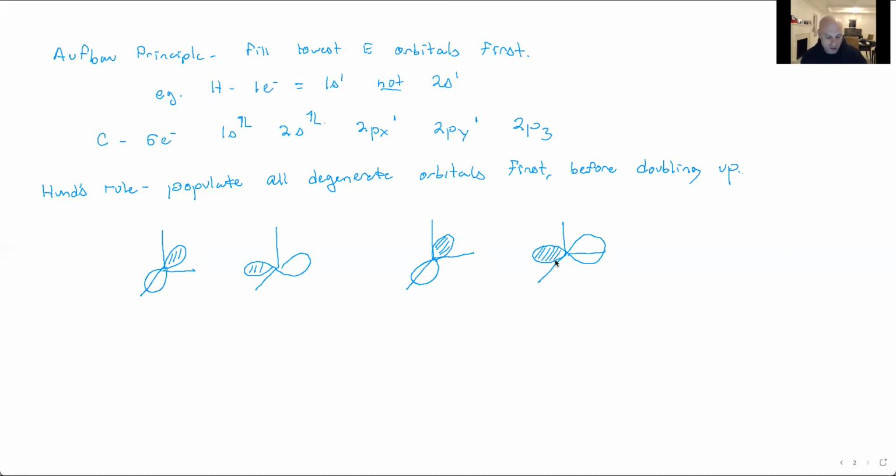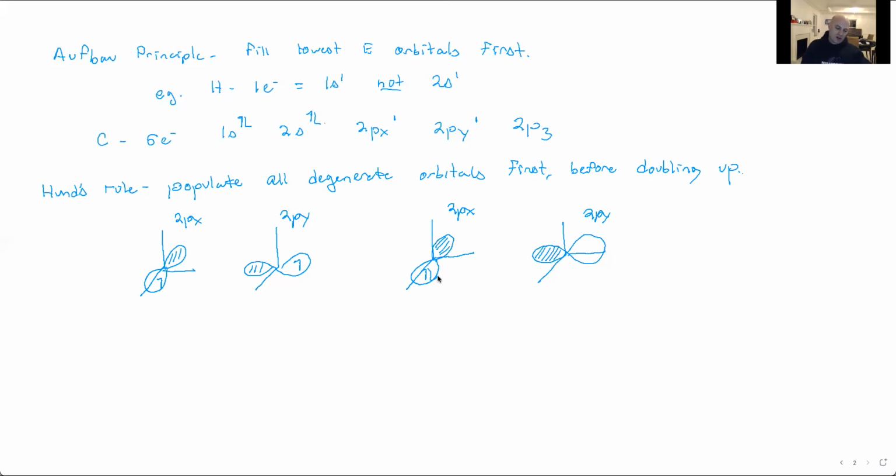Suppose that I populate each one of these orbitals like that, okay? According to Hund's rule. The other option would be to, of course, double them up, okay?